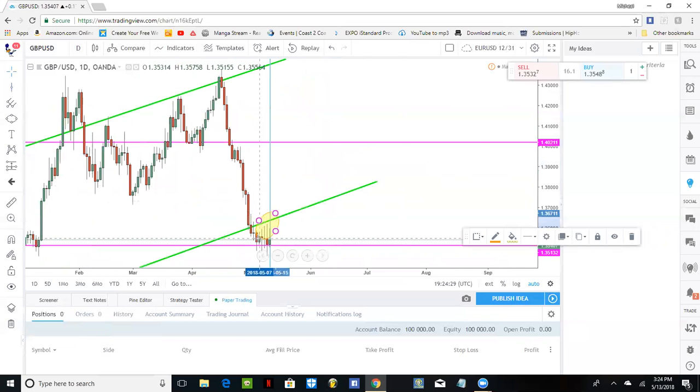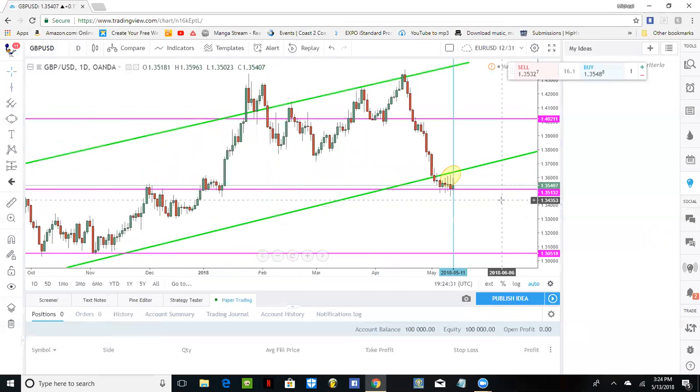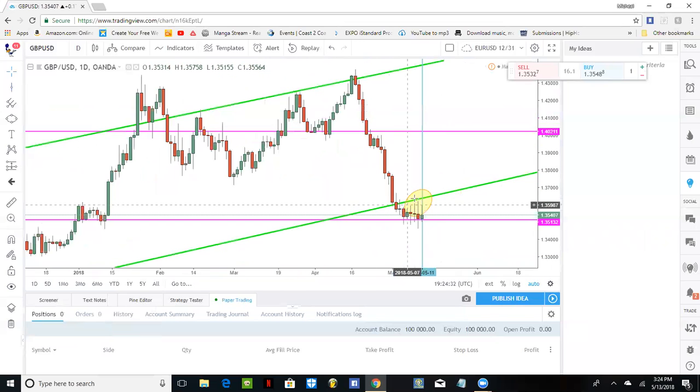And I just want to highlight this area right here because it looks like it just tested off of this area and it's going to go down. It looks like it's going down, or just look at this area. It's just in a huge area for some consolidation.